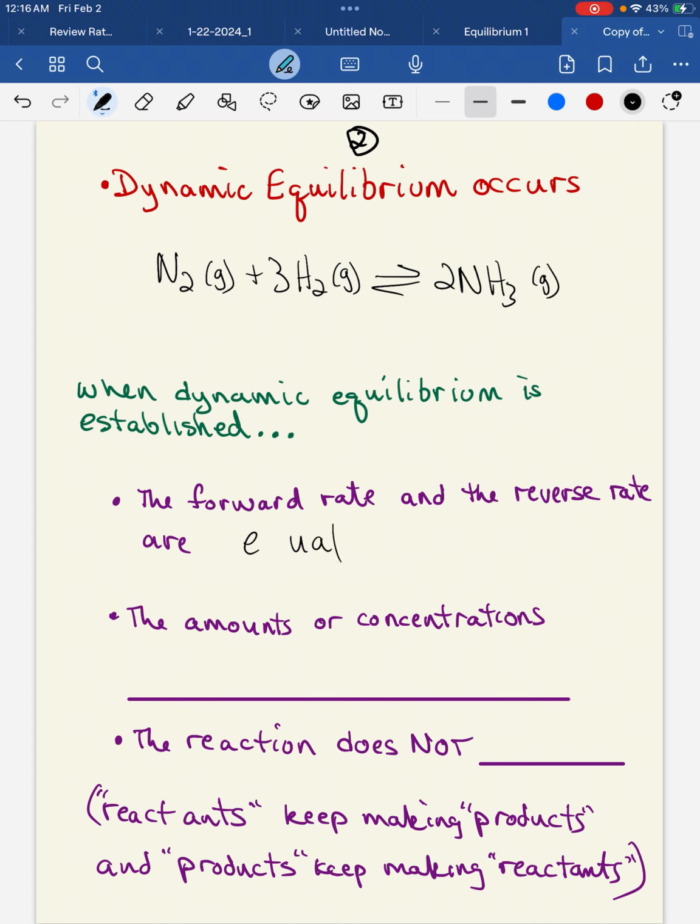Wow, what just happened to my line? The amounts or concentrations may or may not be equal.